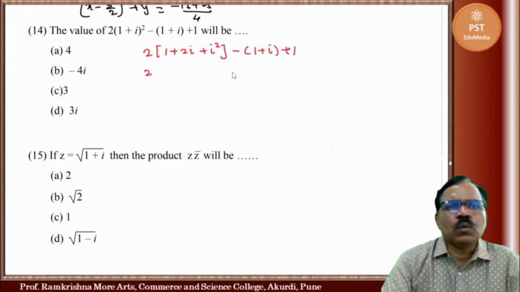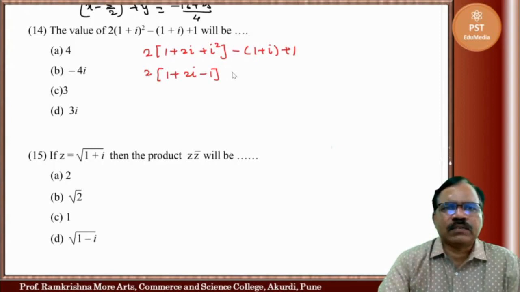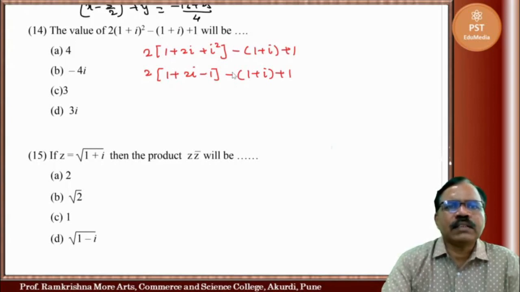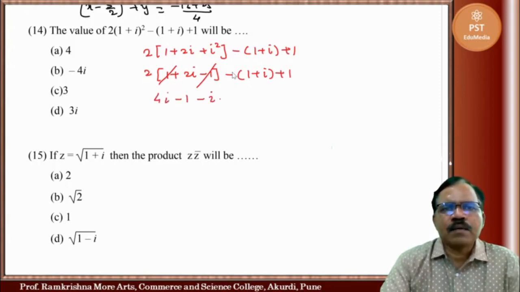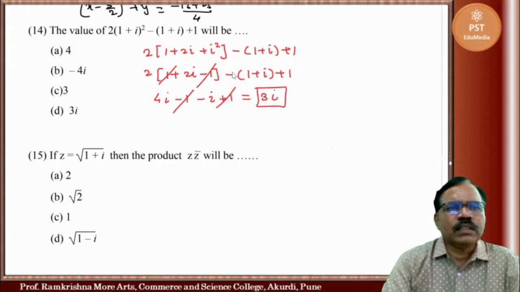Now we know 2 in bracket 1 plus 2i minus 1, because i square is minus 1, minus 1 plus i plus 1. So minus minus plus, minus 1 minus 1. So we'll get 4i minus 1 minus i plus 1. So this is equal to 4i minus i, so it is 3i.